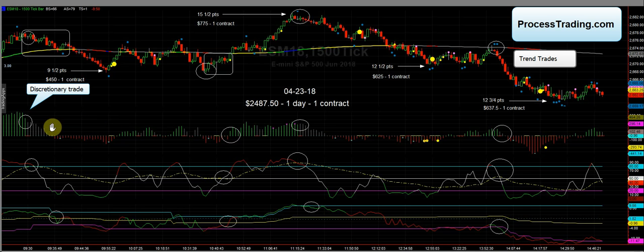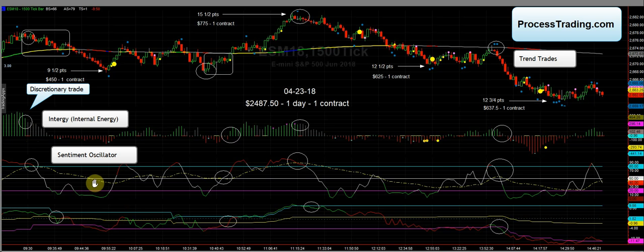And that involves these three indicators down here, which is the Inter-G, which stands for internal energy, the sentiment oscillator, which tells you the momentum and the overriding sentiment in real time, and then the short-term trend oscillator.